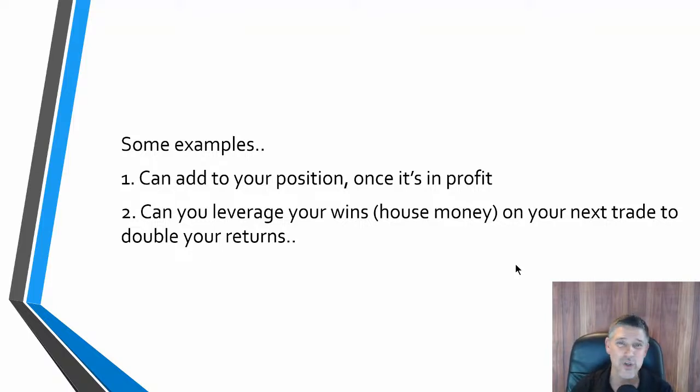Or I can take $125, stamp it on top and do $375. So if you're going to amplify your results, then you need to get good at adding to your position once you're in profit, and you need to start leveraging your winners. The market's money that you've won, the house money, you can take those wins and add them to your next trade to double the returns.